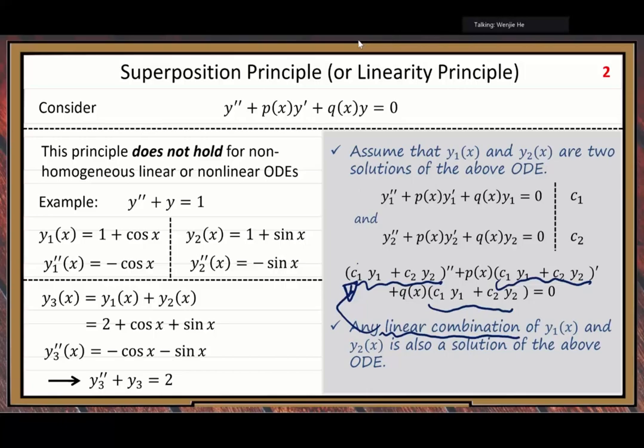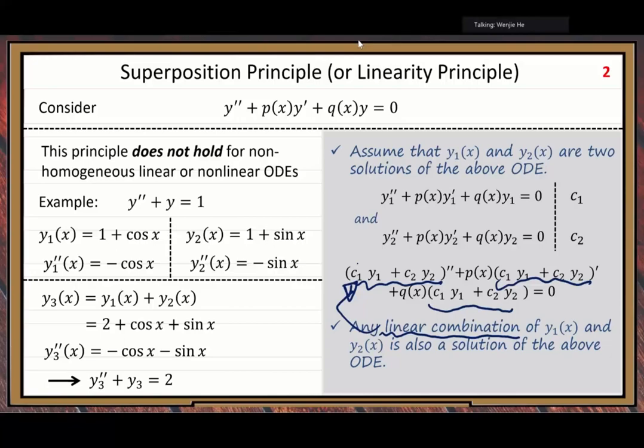Now my question is, can we apply some special operation to combine y1, y2? Look at the linear combination way. Here, linear combination won't work, but can we modify the linear combination slightly to make it work? Because here, it's not very complicated.